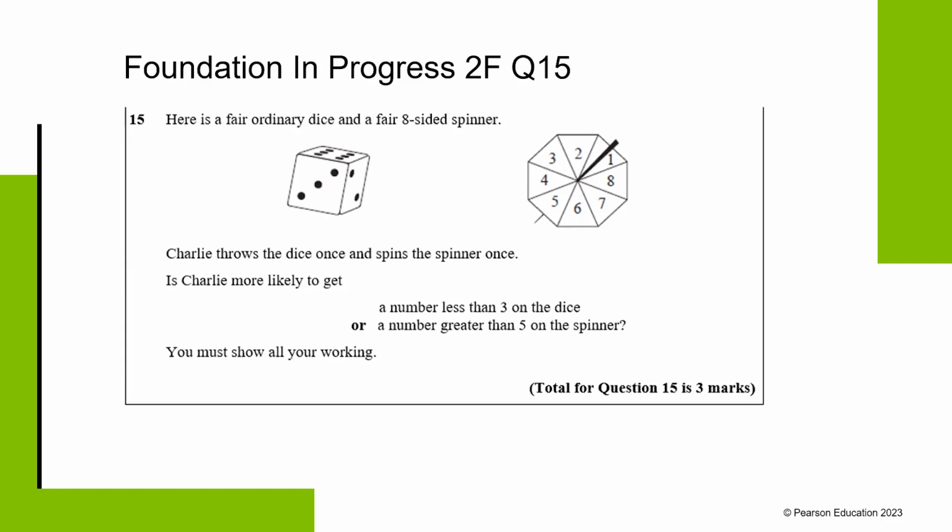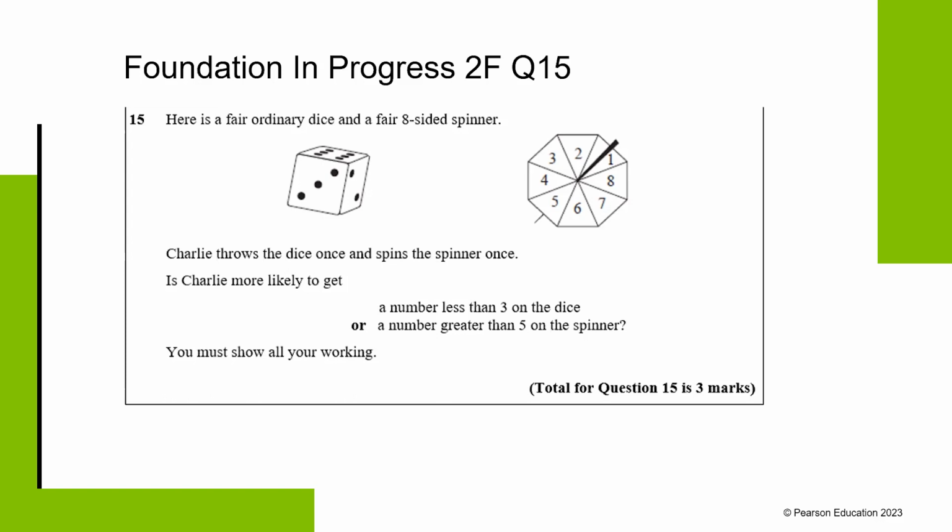A lot of students listed all the numbers on the dice and highlighted the ones that were less than 3, and listed the numbers on the spinner and highlighted those that were more than 5, but they didn't write it as a probability, and so they couldn't gain the marks.